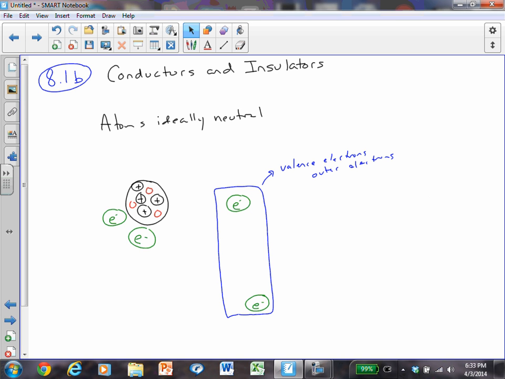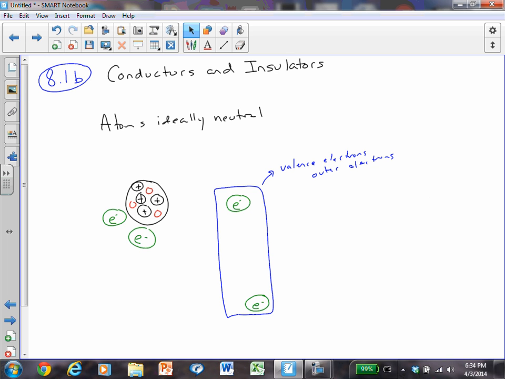You can have a filled level, and the ones in the outer partially filled level are called the valence electrons. Those are the ones that are available for interactions with other atoms, usually. It's harder to get down to the ones from the filled orbitals.